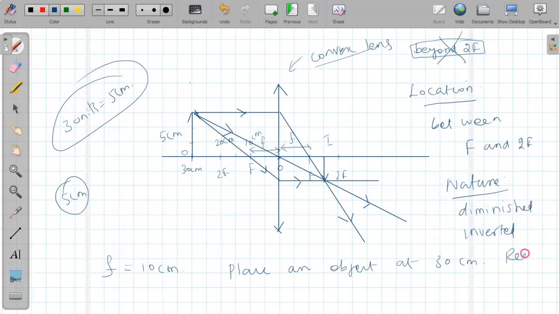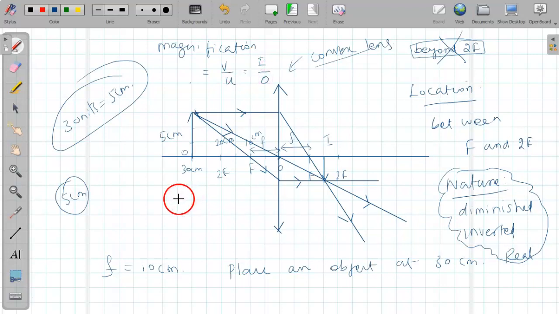Okay, now I want to find the magnification. There is a formula, that is V over U, or image over object. What is V over U? V is the image distance. So this distance is the image distance, V. What is U? Object distance.